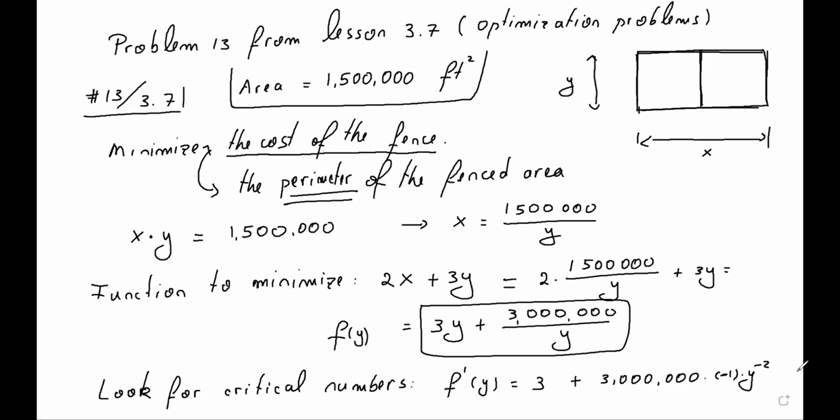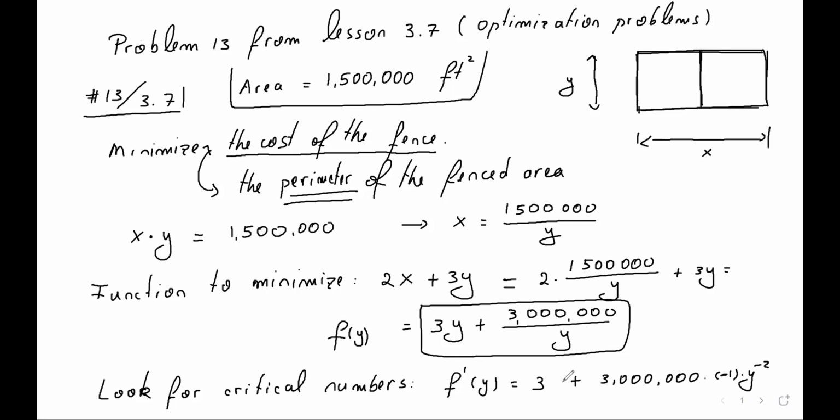So I'm going to write the exact same function on the next page. I'm going to say f prime of y equals 3, and I'm going to put the minus in front here.